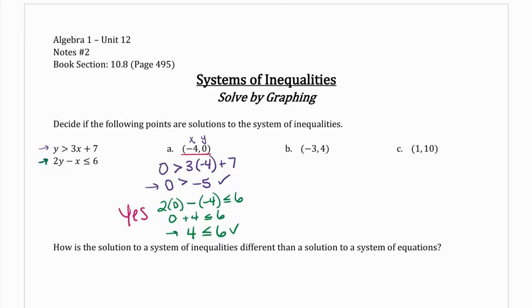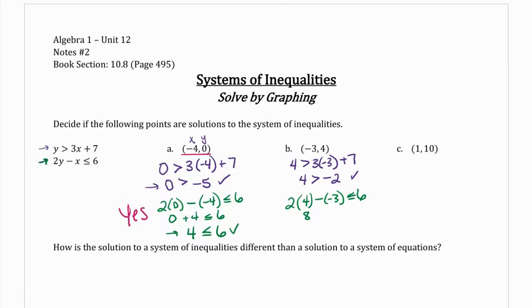Okay, so for B, I'm going to plug in 4 for y, and I'm going to plug in negative 3 for x. That'll give us 4 is greater than, that's a negative 9 plus 7, so that'd be negative 2. 4 is definitely greater than negative 2. That one is a true statement, so I'm going to check the second one. 2 times y, which is 4, minus our x, which is negative 3, less than or equal to 6.